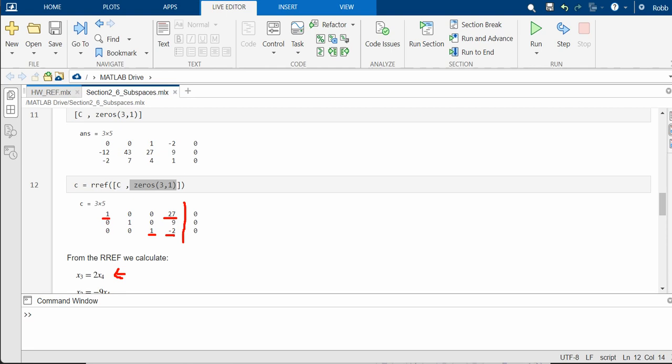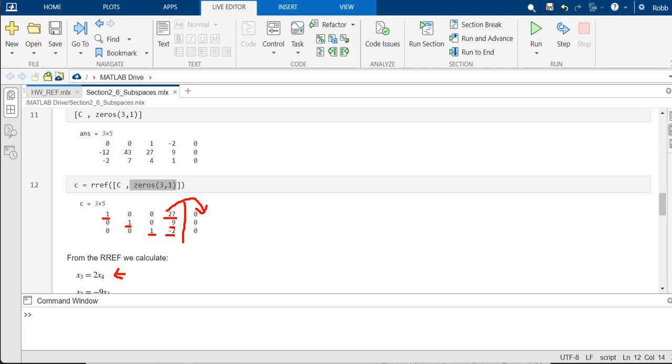So I add 2x sub 4 to both sides. So I find out that x sub 3 equals 2x sub 4. Same thing, I find out that x sub 2 plus 9x sub 3 equals 0. So when I subtract, I get minus 9. I also am going to get a minus 27 when I subtract that.